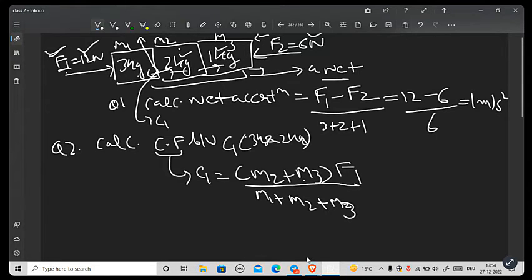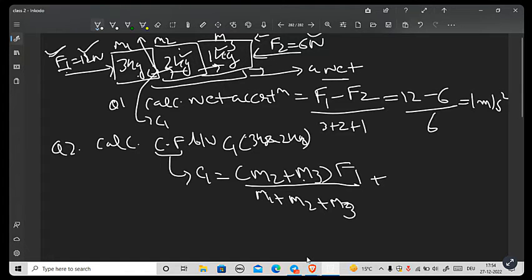Now we will see the contribution of this. This was the contribution of the F1 force. Now we will see the contribution of the F2 force. Now you see, the F2 force is acting directly on the 1 kg block.